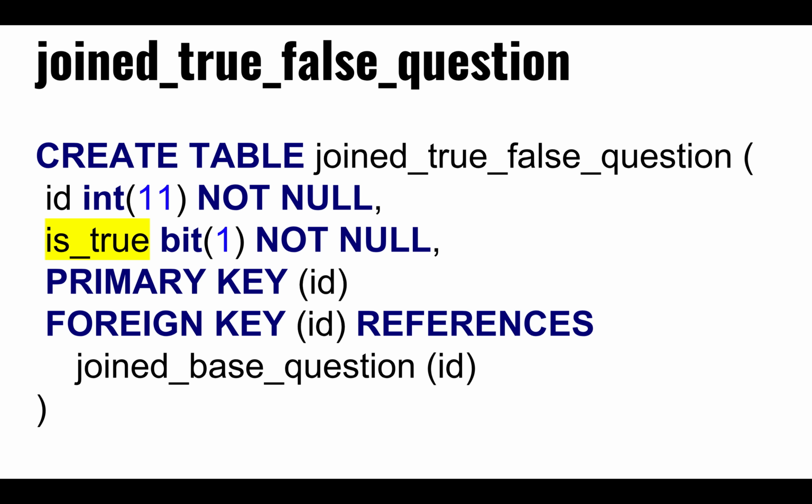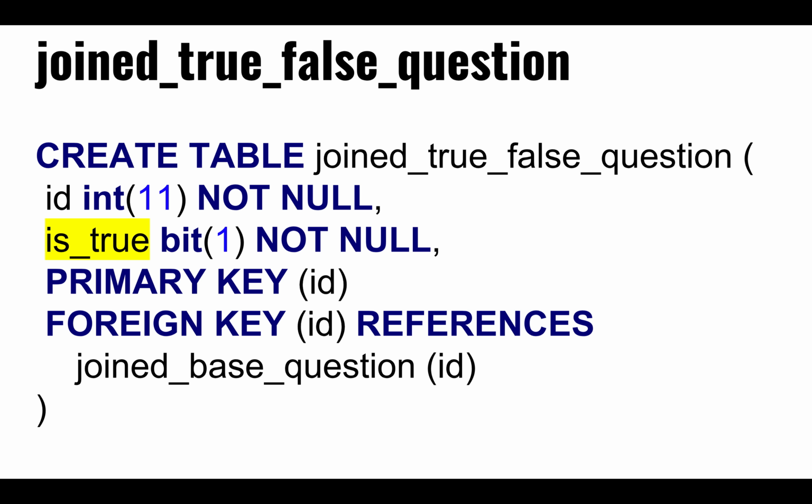If the base class ID is 1, 2, 3, my primary key is also 1, 2, 3. And whenever you want this record, the intention would be that you would join it with the other record, and then you get the entire true/false question. You would join the two, and you would get all the fields. Make sense? It's meant to be treated as a join between the two.